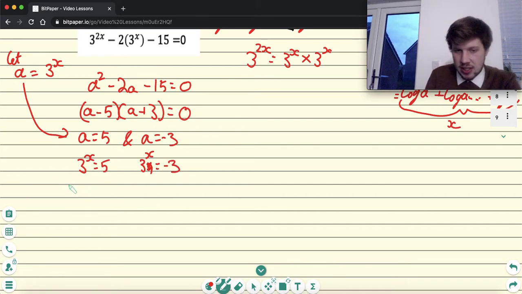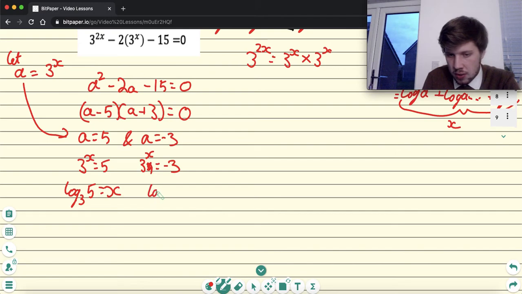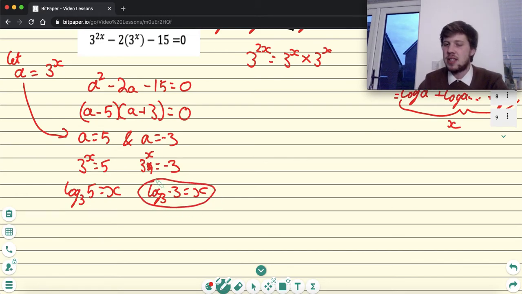Applying my logs, this is going to be log base 3 of 5 equals x, and log base 3 of -3 equals x. For the one with the negative value, we actually have an issue. If my base is 3, that means I'm going to be doing repeated multiplication on that base.